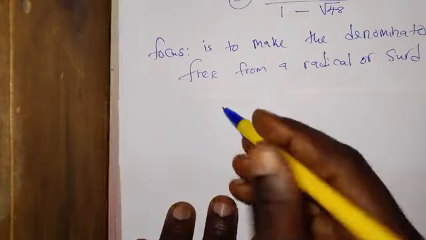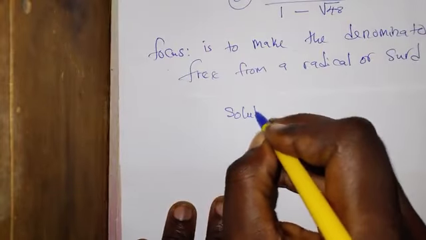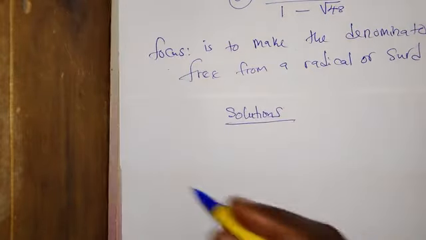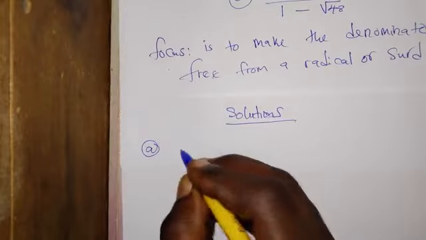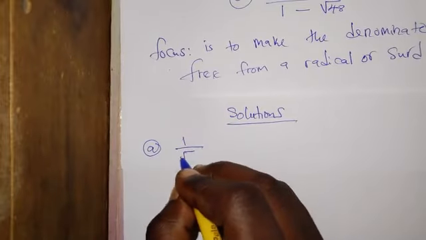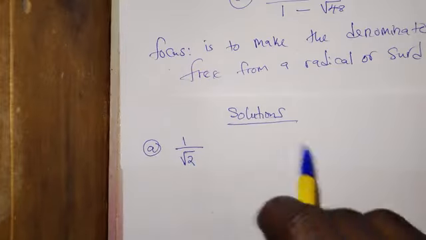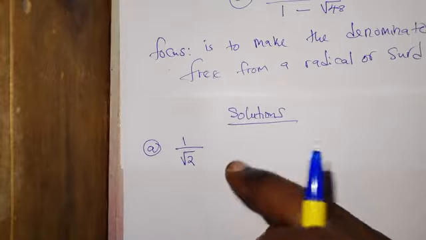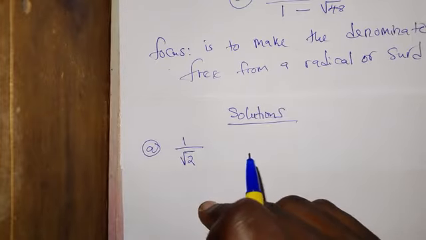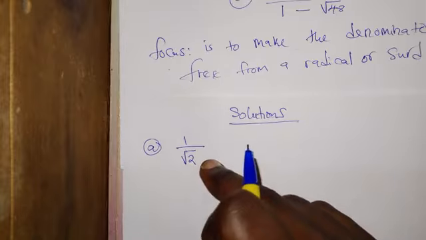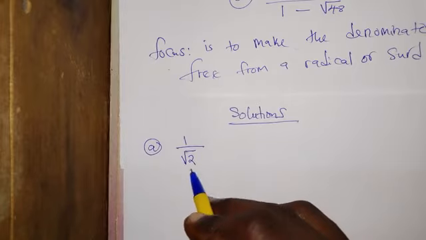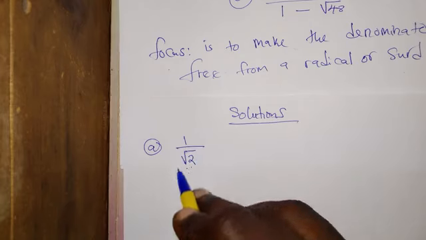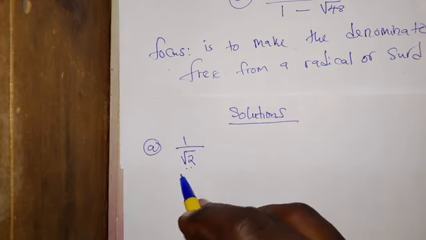So let's start with the first one, and this is the simplest: 1 over root 2. We want to rationalize this expression. Remember, the denominator has a radical, a surd, and we want to make the denominator free from a surd.